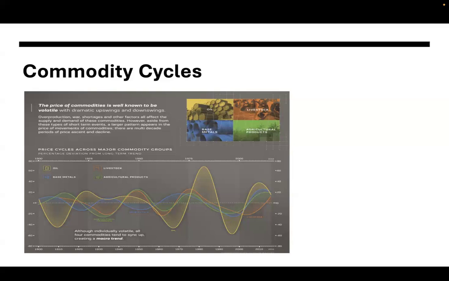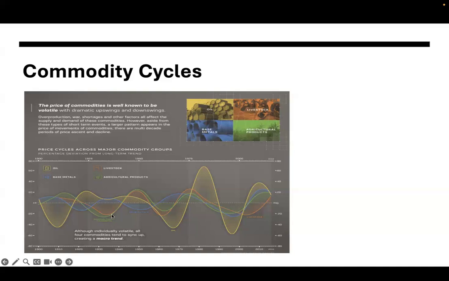Here in this case you will see four different areas: oil, livestock, metals, and agricultural products. But on a macro trend, these will flow in a bullish flow together, and also in a bearish flow together. As you can see, during the 1930s, the Great Depression, there was a big dip, and then inflation and other things picked up until the 1950s.